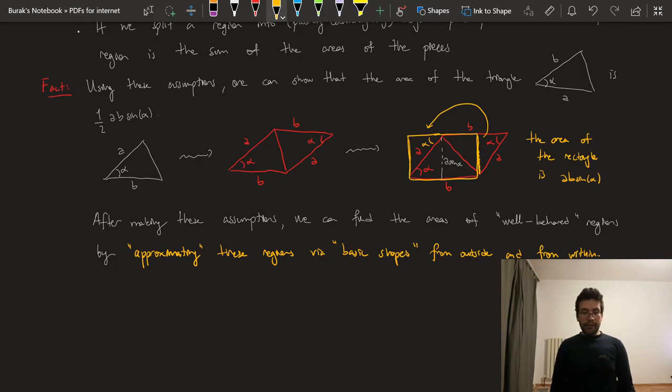Okay, so once you make these assumptions, if you have a well-behaved region, you can find its area by approximating these regions via basic shapes, whatever those are, which I'm not talking about at the moment, from outside and from within. And what do I mean by this? Instead of trying to explain what I mean by this phrase, I'm going to show you what I mean on an example, okay?